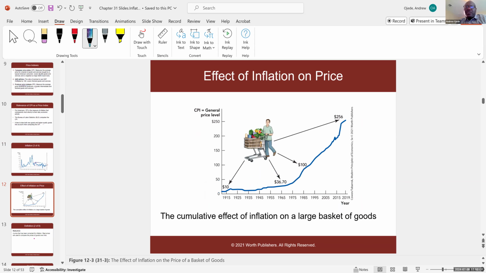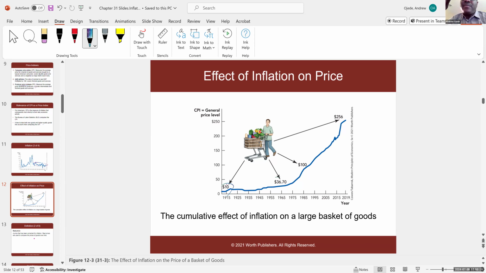So the effect of inflation on prices. There's going to be what they call a cumulative effect of inflation on a large basket of goods. If inflation keeps going higher, then the cumulative effect is that prices could rise. Like you see, a basket of goods, the same basket of goods that people are buying, in 1915 only cost $10.